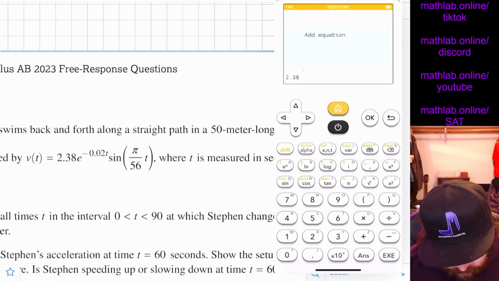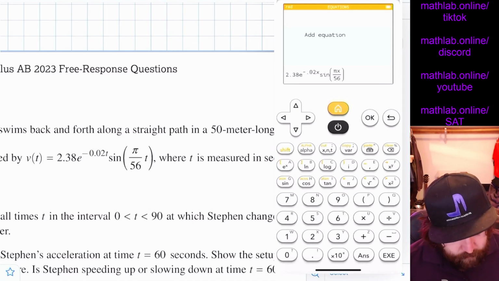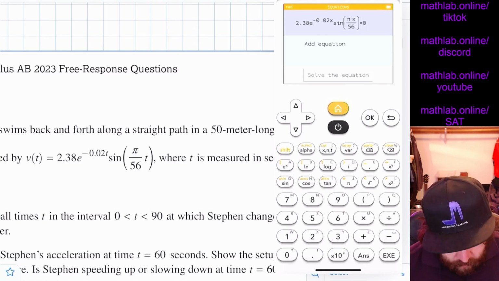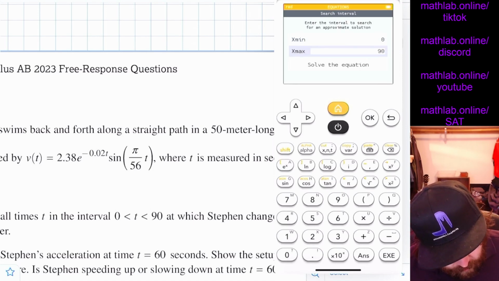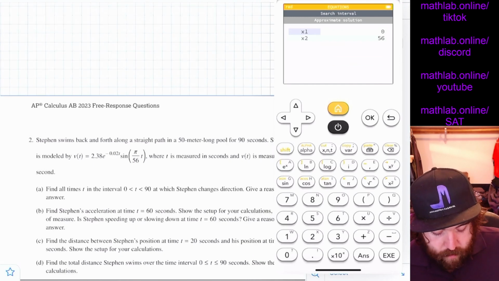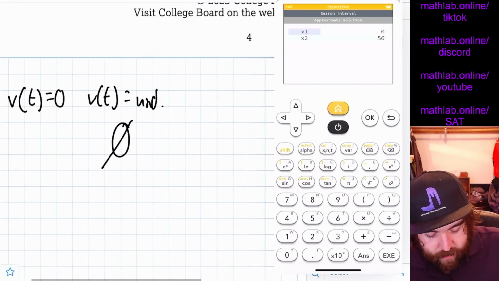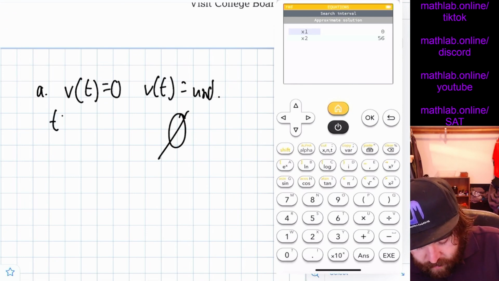So 2.38 times e to the negative 0.02 x times the sine of pi x over 56. Equals 0. That's what we wanted. Solve equation. Minimum 0. Maximum 90. Solve equation. 0 and 56. That is a lot less than I thought it would be.